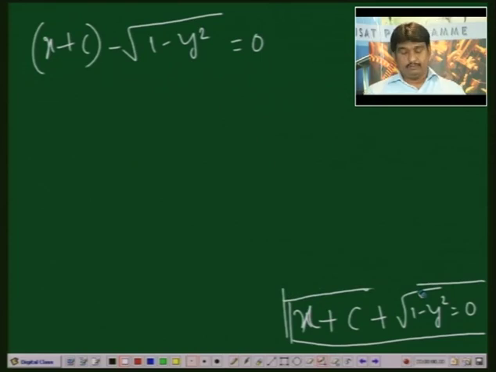So, you have two solutions here. One is x plus c minus root of 1 minus y square equal to 0. Another is x plus c plus root of 1 minus y square equals to 0.